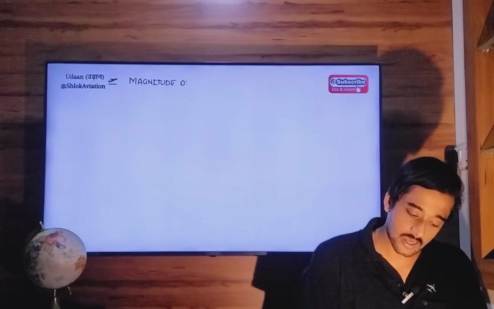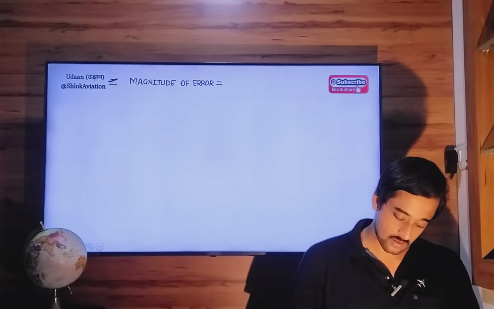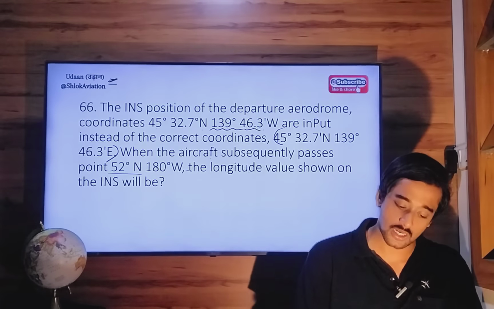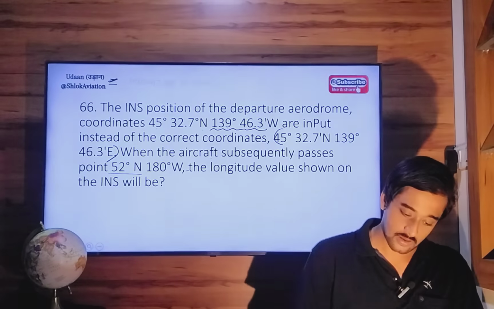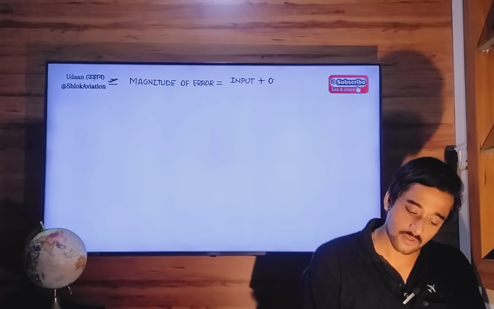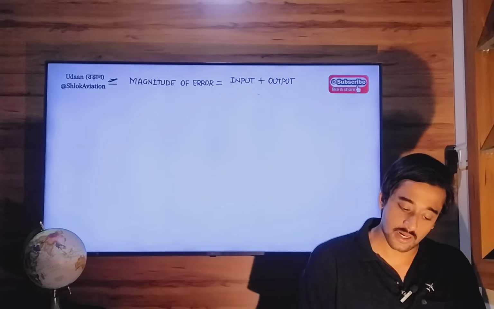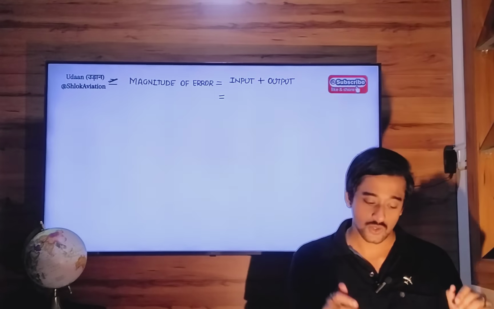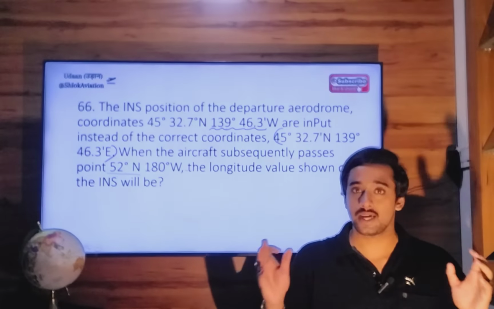See, the magnitude of the error is equal to the input longitude plus the correct longitude. So the difference between the longitude you have entered and the correct longitude is how big that error is.